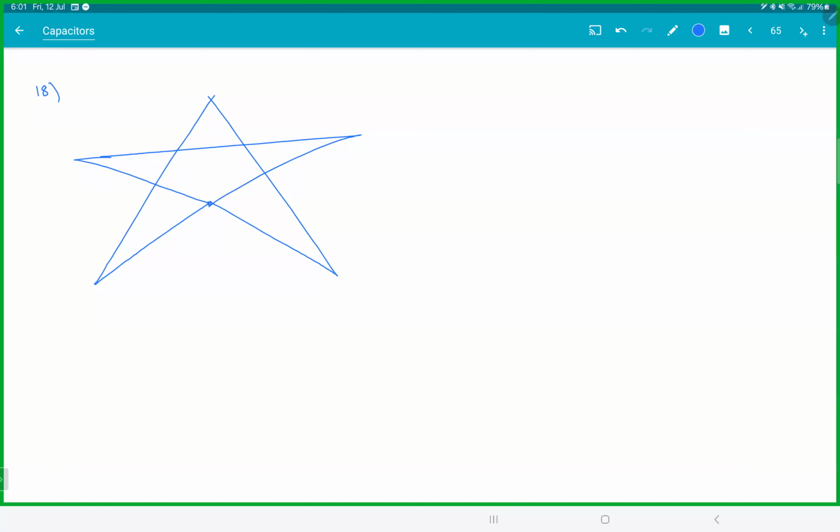Let's say you have a star like this. Black magic star. So again, each segment is a capacitor. This is A, this is B. Find CAB.